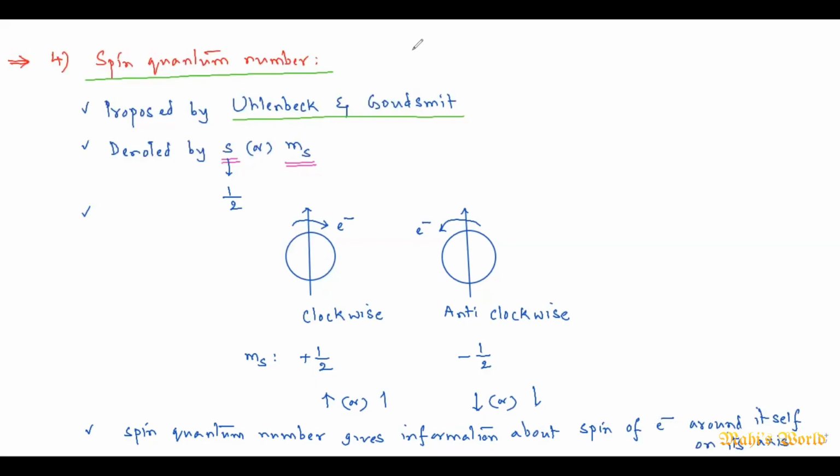So this is very important. Spin of the electron around itself on its axis. Okay.